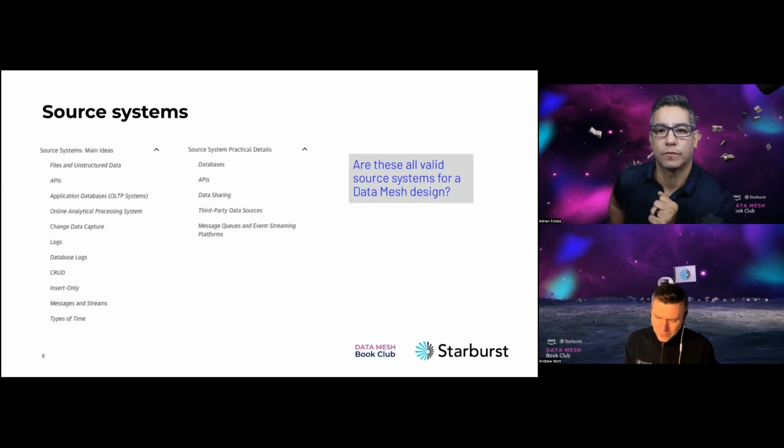However, when we are thinking about domains, domains will want access to a subset of these, and to some degree, I would argue, own the relationship with these source systems. There's a bit of a soapbox here, and I'll mention it now, but I think it's relevant throughout this whole session.